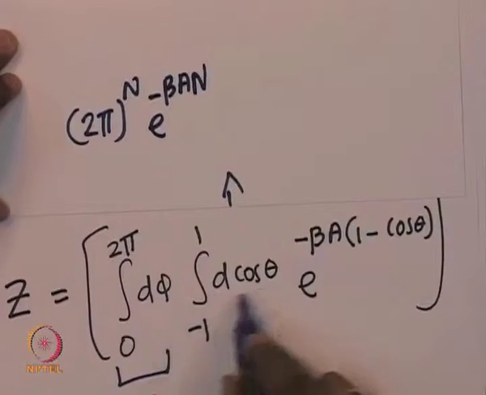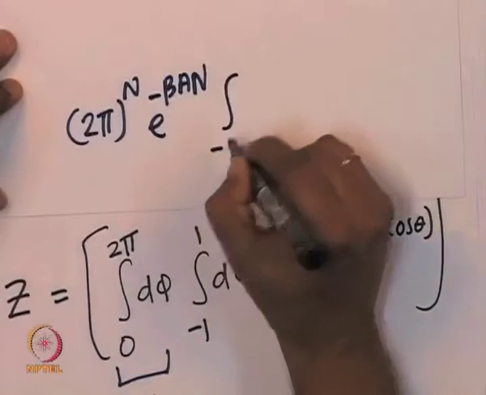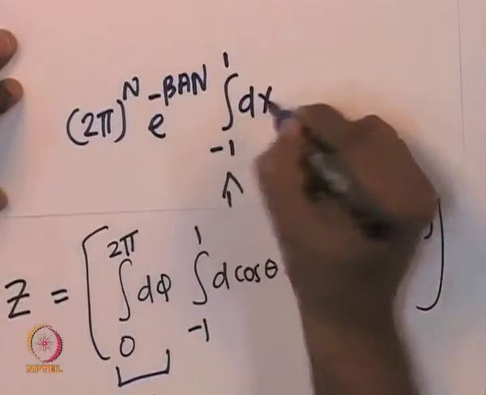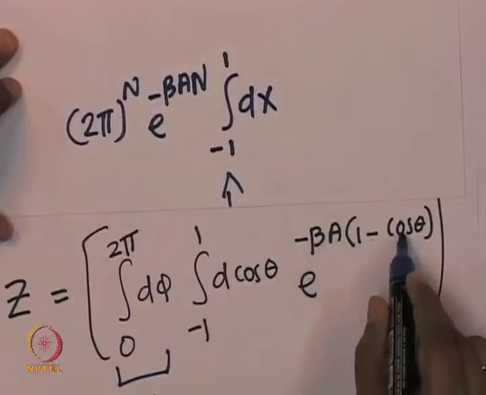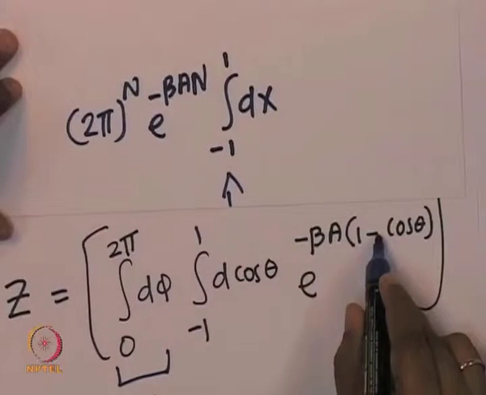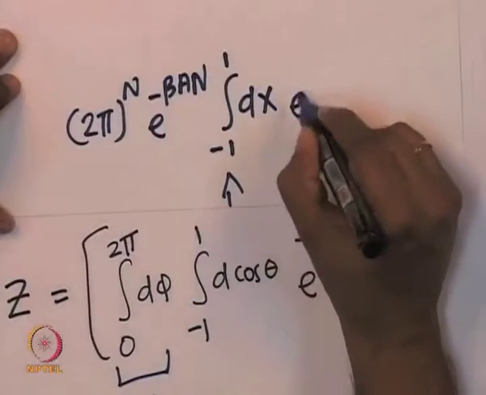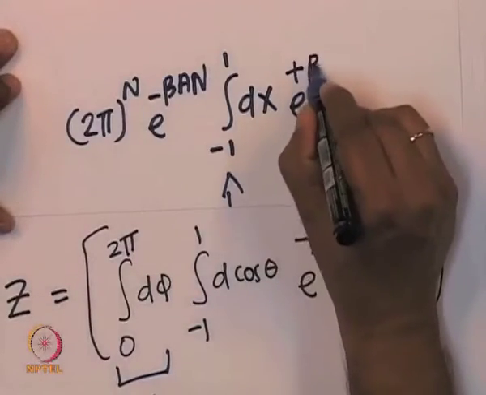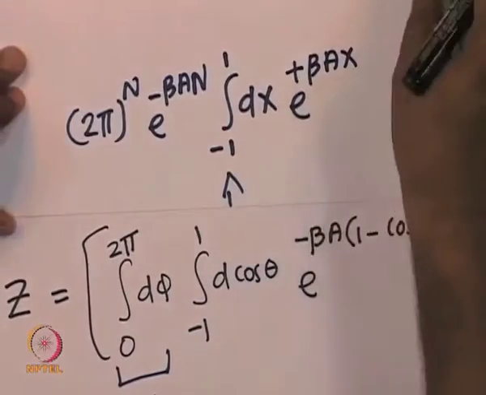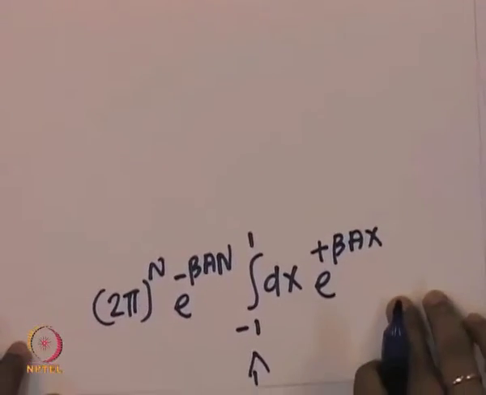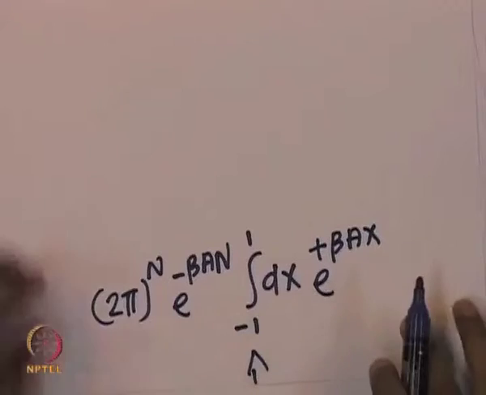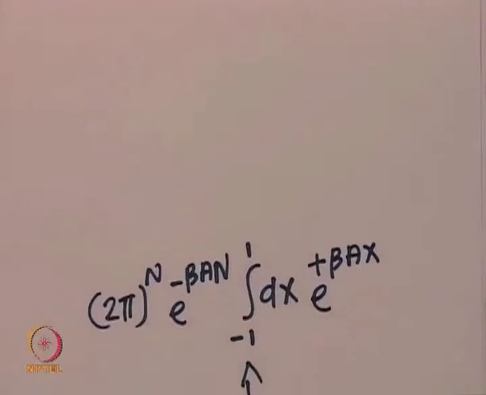And then there is this integral, with cos theta called x, from minus 1 to 1, d cos theta as dx, and e power minus beta a into minus cos theta; this minus minus becomes plus. So, e power plus beta a x. This is the integral we have to do, the integral dx from minus 1 to 1 of e power beta a x.